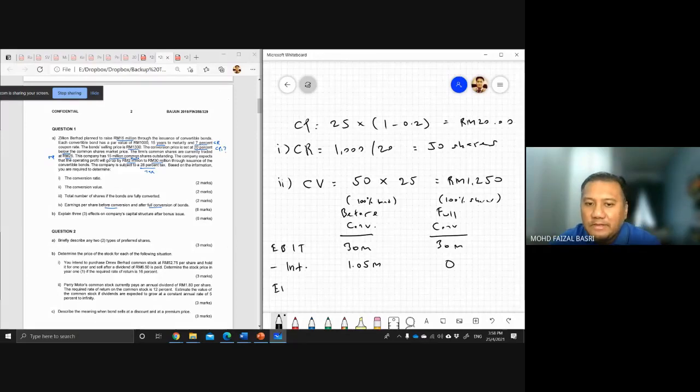So we have EBT. It's 28.95 million here, and here we have 30 million.